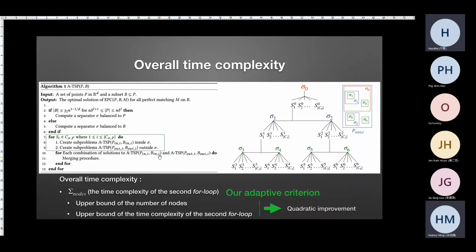And also we could make a more efficient way to reduce the size of the problem. So therefore we do not need so many time steps to reduce the size of the problem.